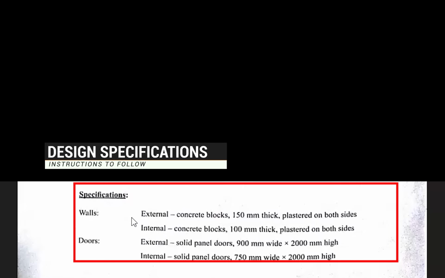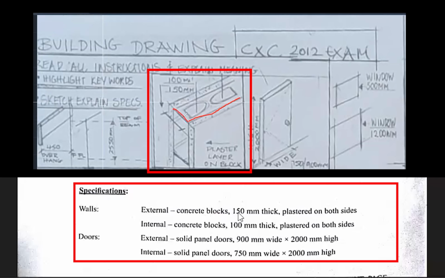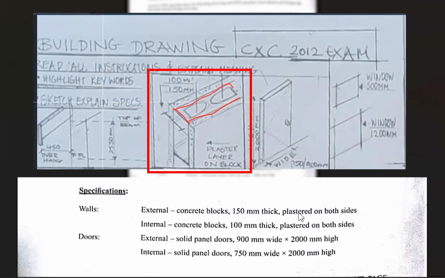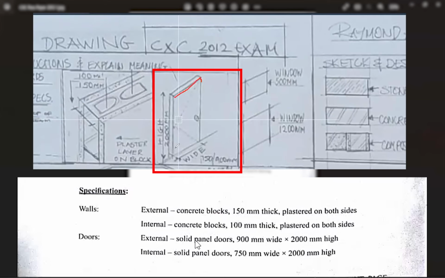Now here are the specifications. External concrete blocks, 150 mil thick, plastered on both sides. Internal concrete blocks, 100 mil thick, plastered on both sides. Doors: external solid panel doors, 900 mil wide, 2000 mil high.